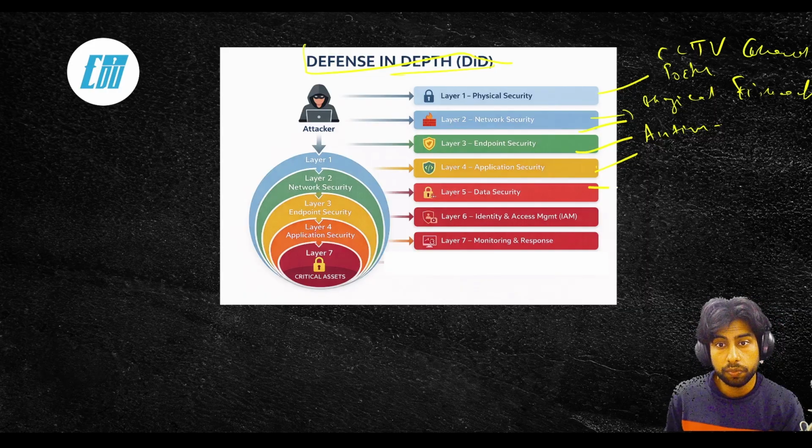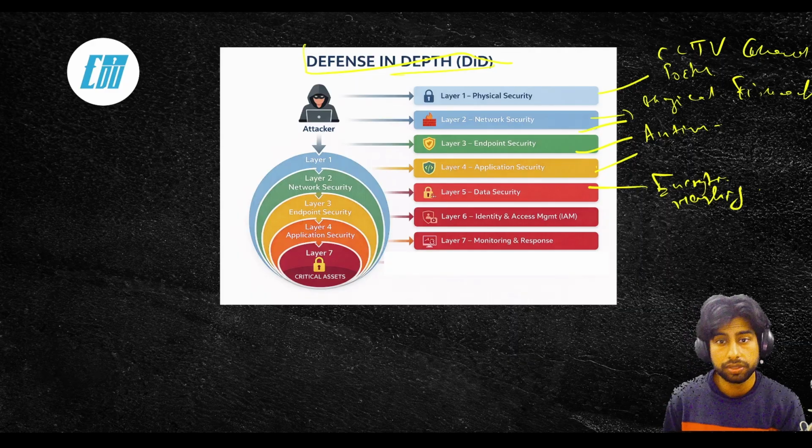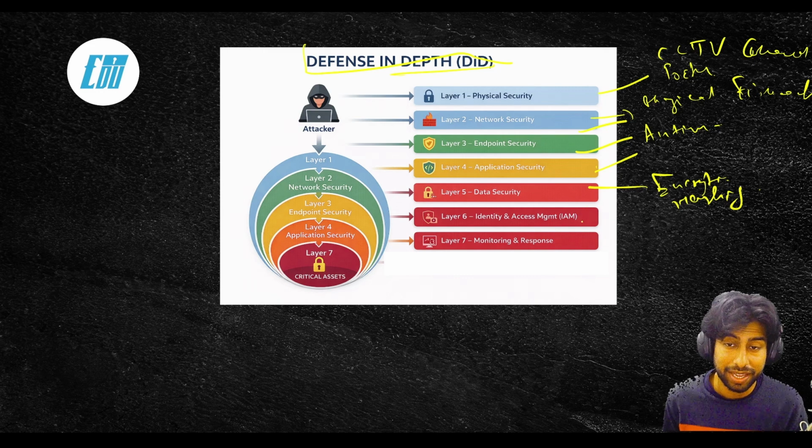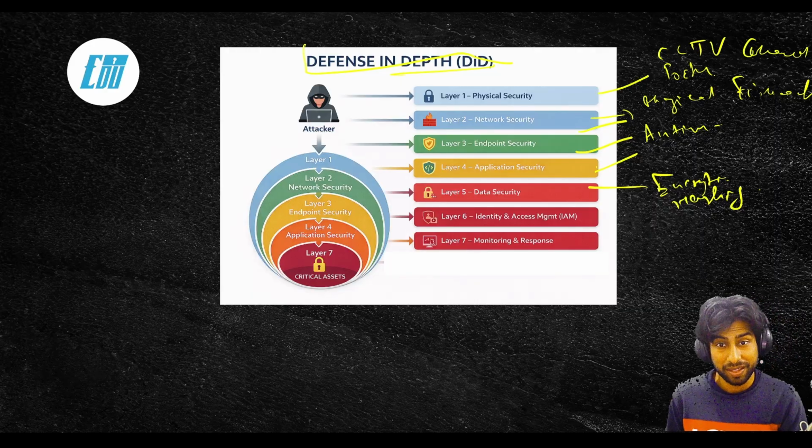For data security, we could say it's encryption or hashing. And IAM is identity and access management. This is a very important sector in every company. Every company has this kind of sector. The IAM department basically does authentication and authorization.